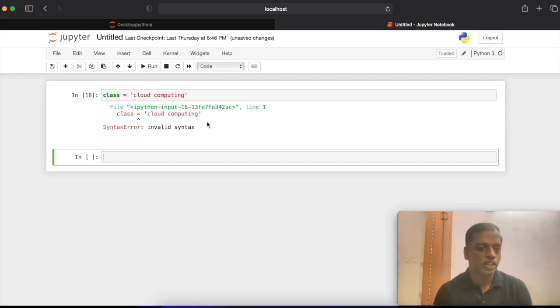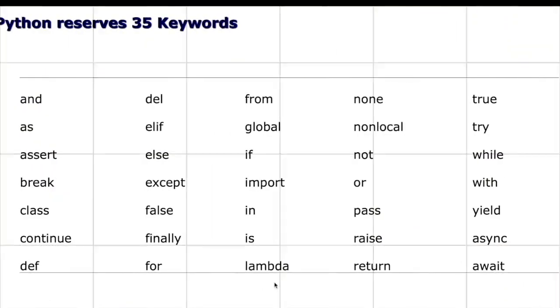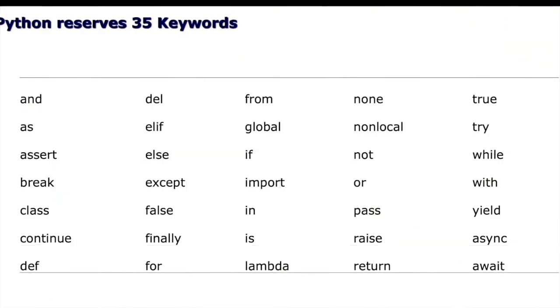Can you guess what is the reason for this? Yes, in Python we have keywords. We have 35 keywords in Python which we should not use when declaring a variable name. Python reserves 35 keywords. So when I declare a variable name as class, class is a reserved keyword in Python. That's why it's throwing an error.